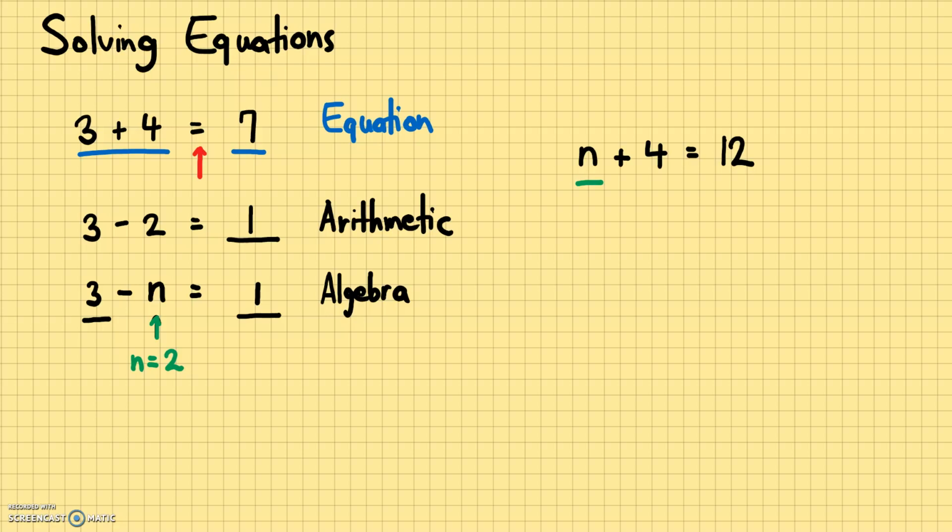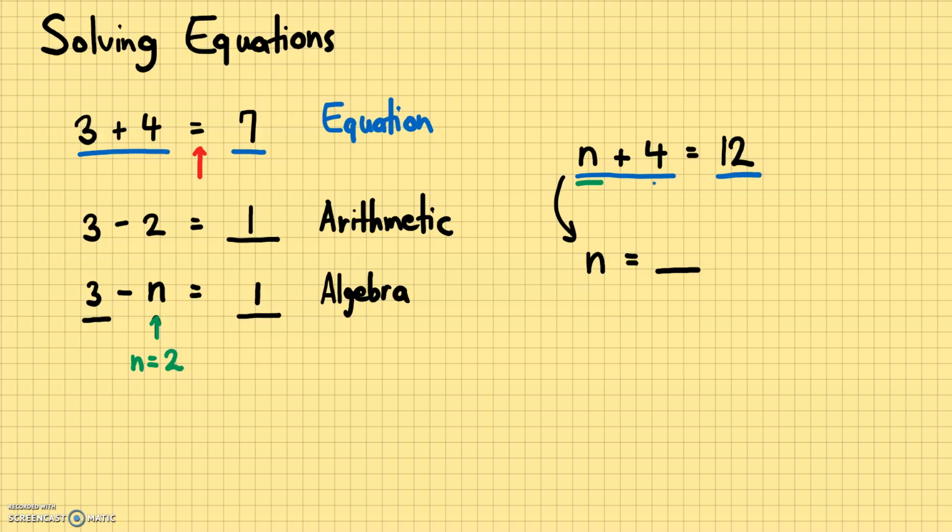Well, the key is we need to put this equation into a form of n equals something. We're trying to find what n is. When you see an equation, you can divide it based on the equal sign. So we have the side on the left and the side on the right. These two are equal to each other.